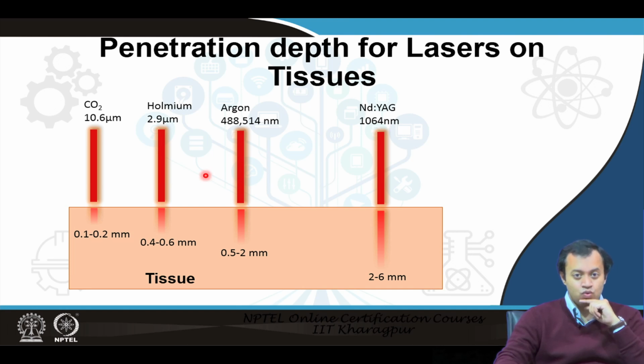If you have a tattoo on your body and you want to remove it, regrettable decisions, which one of these do you think you want to use? Or you want to do some kind of an actual laser surgery in which a kidney stone needs to be completely destroyed.